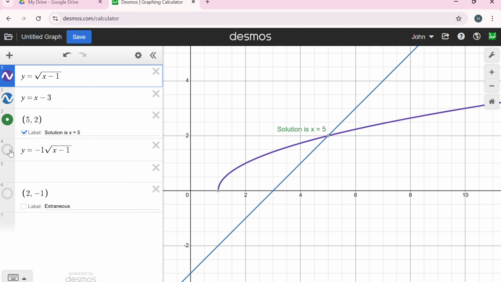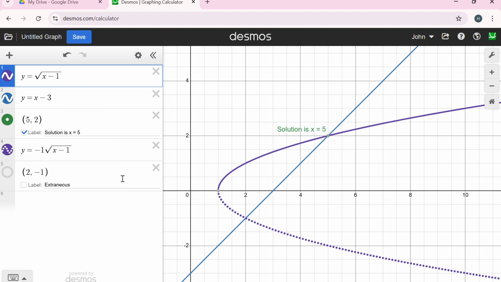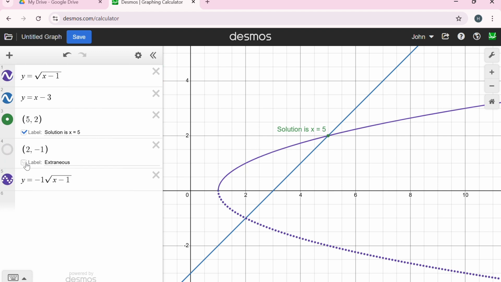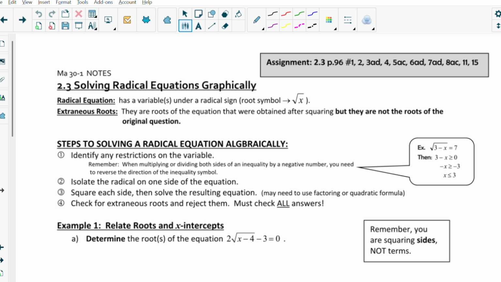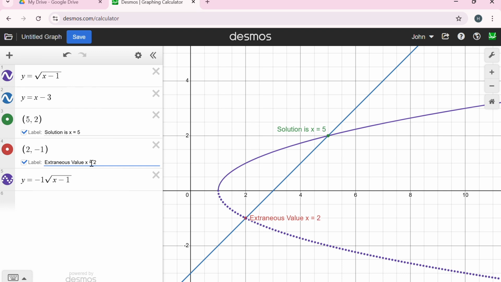When we square it, in essence, we are essentially creating a negative version. And there's the negative version in dotted purple. And when we look at where it intersects, right at the extraneous value of x equals 2. And this is a visual explanation coupled with the algebraic explanation of why we have extraneous values.